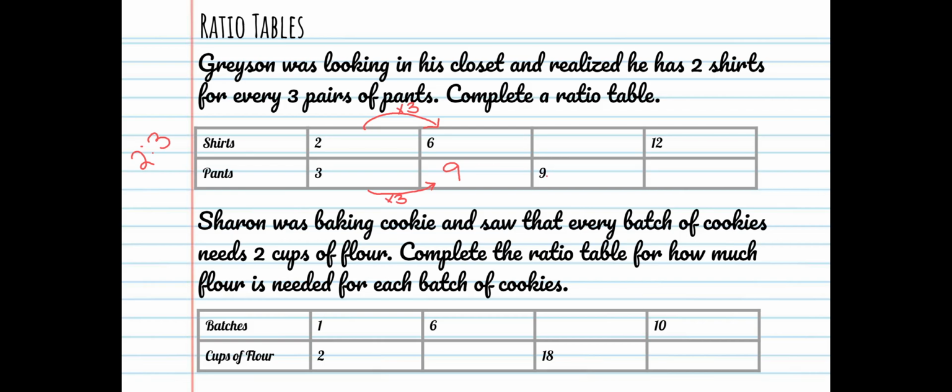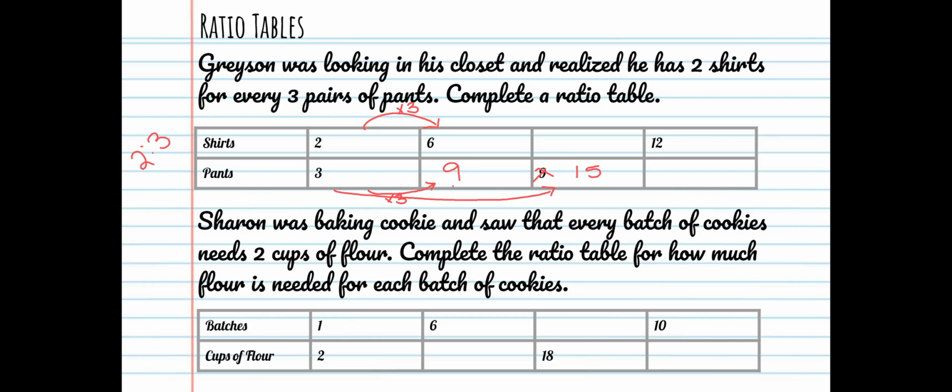Now here, it looks like this one says 9, so we're going to cross this off and do a different one. So another multiple of 3 would be 15. So I have to look at my relationship between 3 and 15 to see what I need to do to find this top ratio right here.